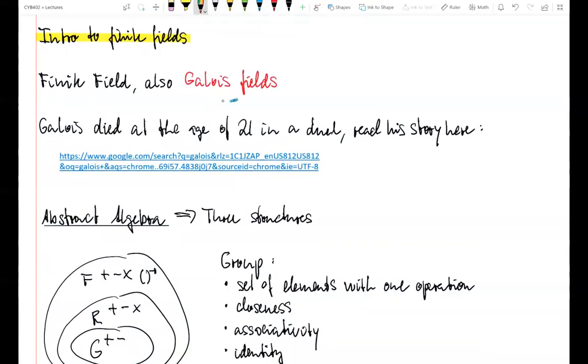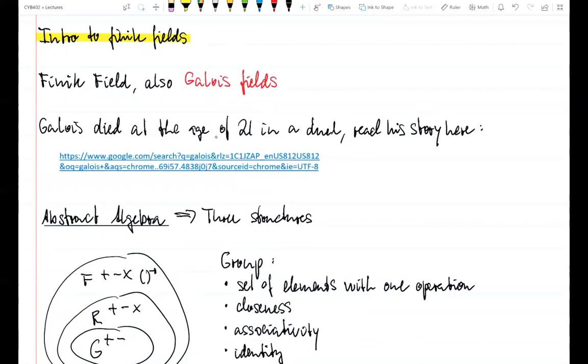So Galois itself is the name of a guy, and this guy died at the age of 21 in a duel. I really invite you, this is an extremely interesting guy, very compassionate, short-tempered, and he was absolutely brilliant.